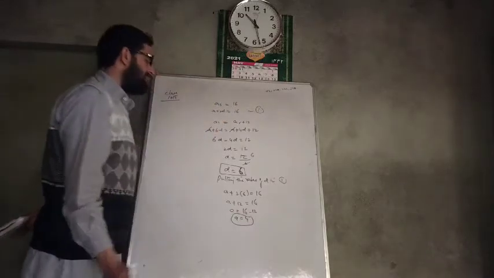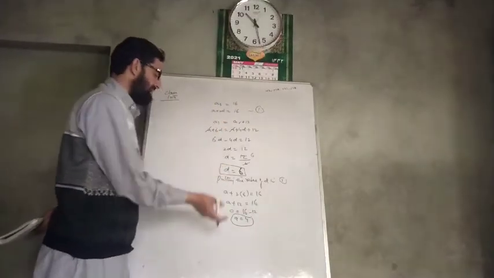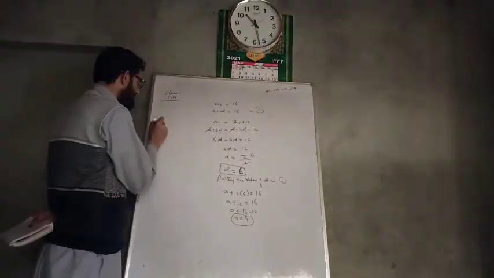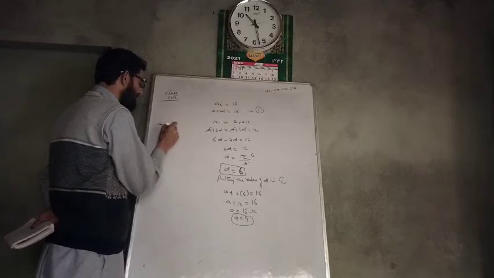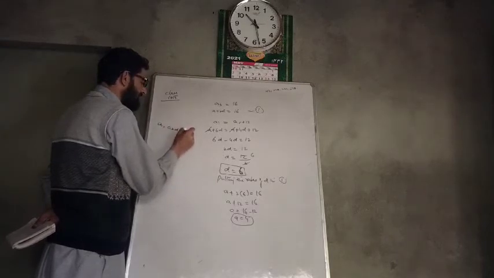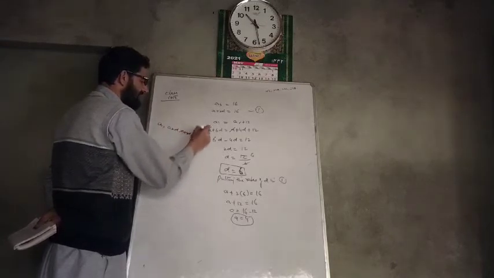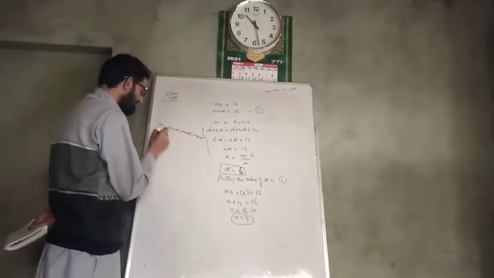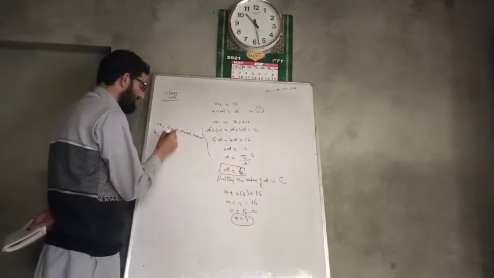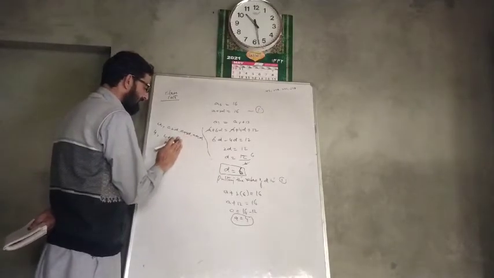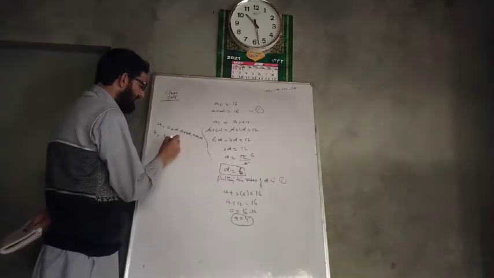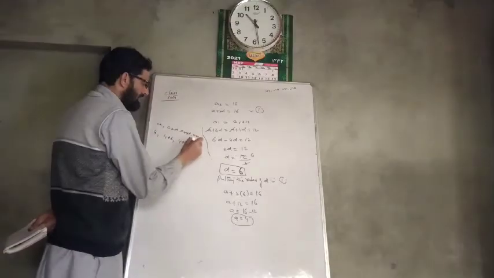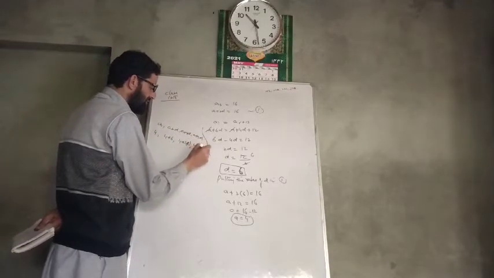Now once you know A and D, A is 4 and D is 6, you can construct an AP. Simple. What is the AP? A, A plus D, A plus 2D, A plus 3D. So A is 4, 4 plus D, D is 6, 4 plus 2 into 6, 4 plus 3 into 6.